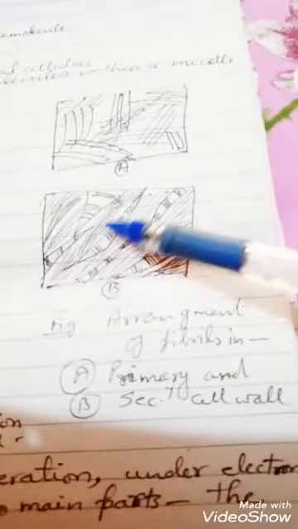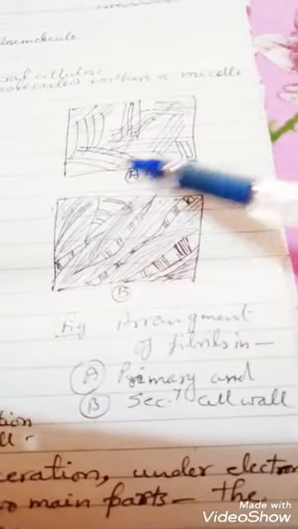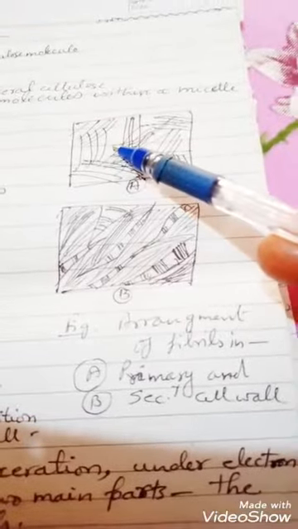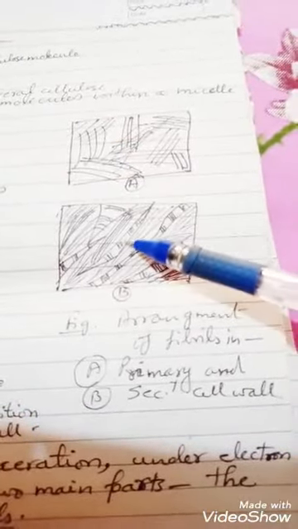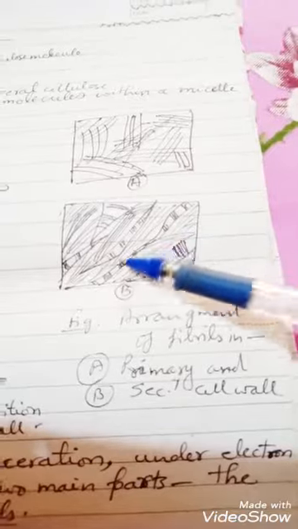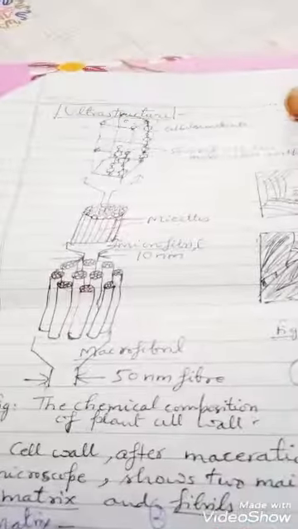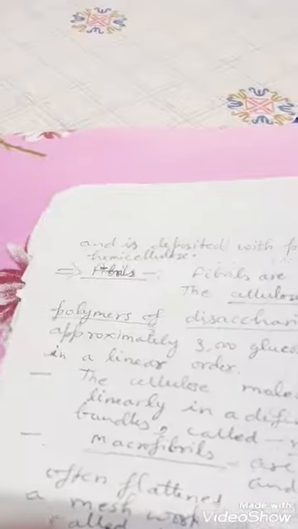What is the matrix? It is the ground substance in which fibrils are embedded. It is amorphous in nature, and you might have studied in the text that I have given you that it is deposited with pectin, lignin, or hemicellulose.